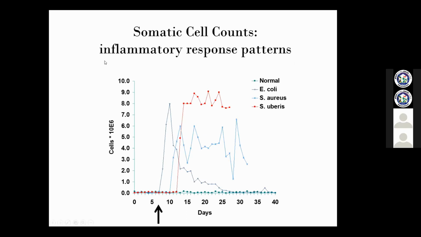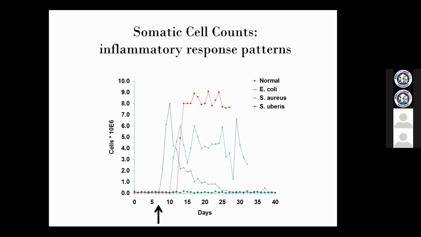All right, now the next thing, somatic cell count, is most of the time used as an indicator, but remember, for the farmer, it is costing him money. So if we look at the normal, if you look horizontally, that would be the blue line going right through with a low somatic cell count. If we look then at the second graph, which is the E. coli going up, normally it goes up to a very high cell count and then it comes down.